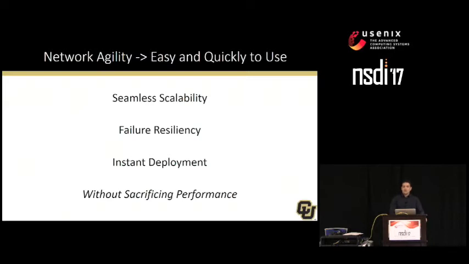All of this makes managing infrastructure easy, and with that, we can focus on what we really care about, which is the functionality of the applications. And most importantly, we must do all of the above without sacrificing performance of network functions in terms of throughput and latency.